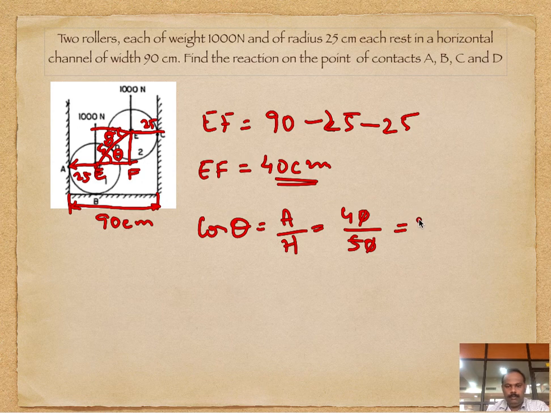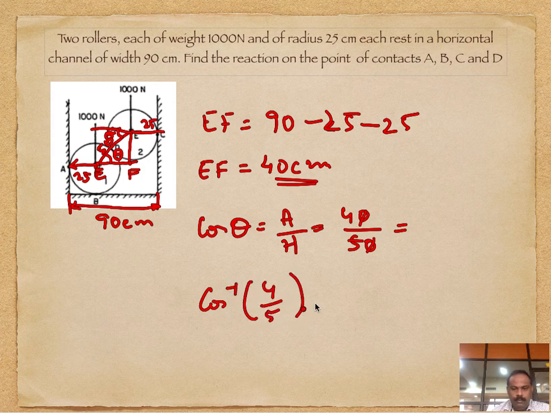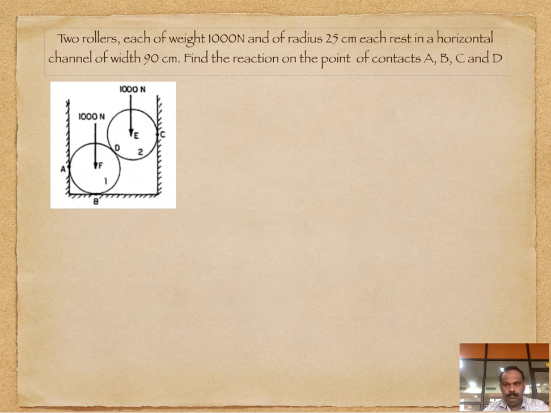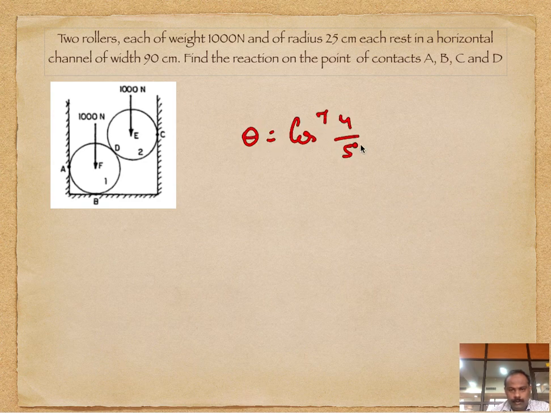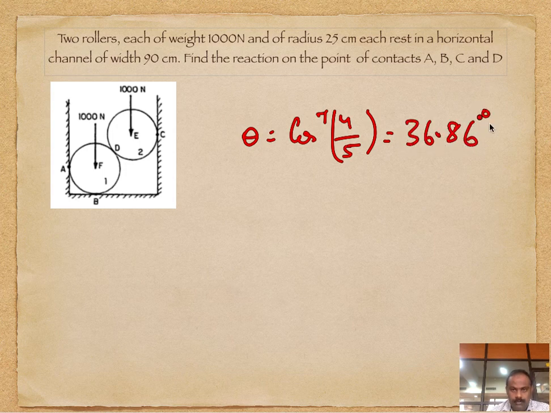So we need to find theta now. Theta is equal to cos inverse 4 by 5, which is equal to 36.86 degrees. So we got the theta.